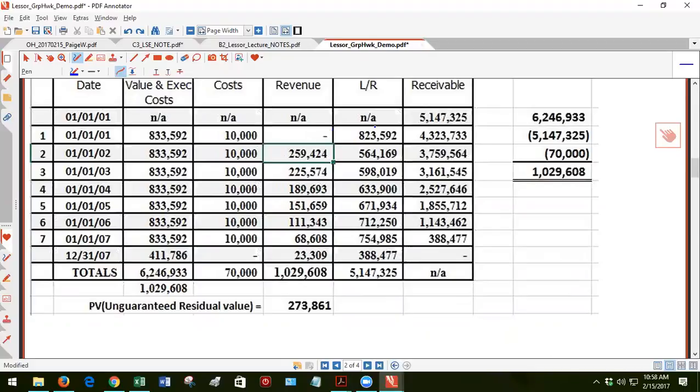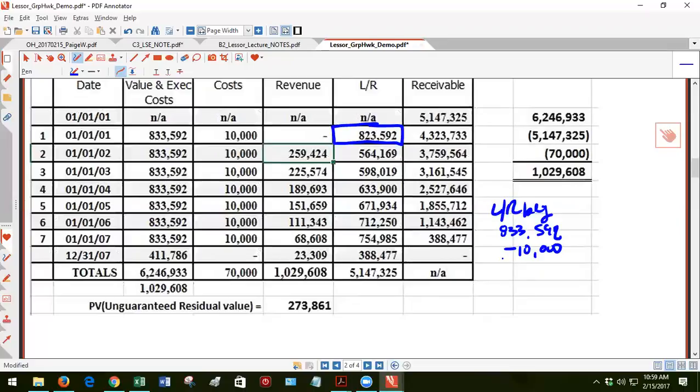And what I do here is for the amortization of the lease receivable, this will equal the LR beginning, take the 833,592, but then you have to subtract out the 10,000 in executory costs because those don't reduce the lease receivable. So that's where the 823 came from.